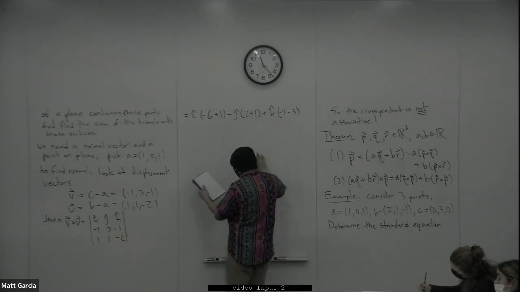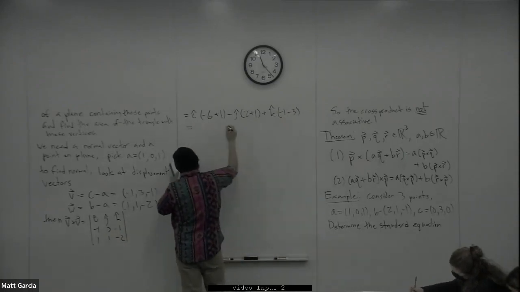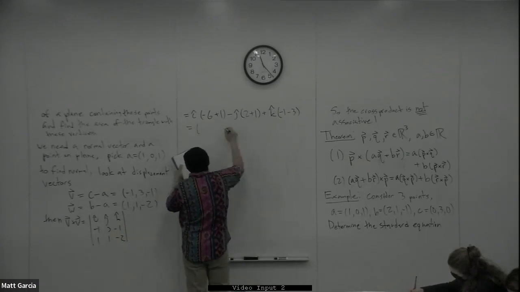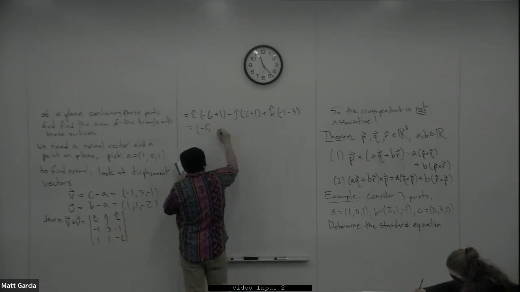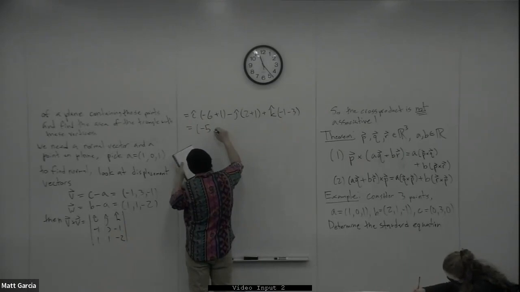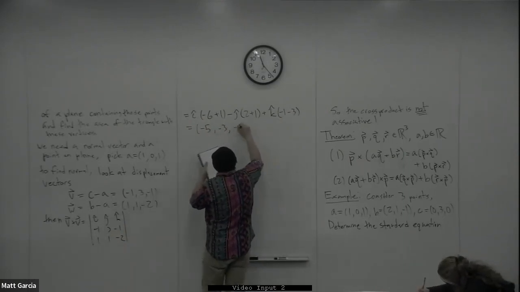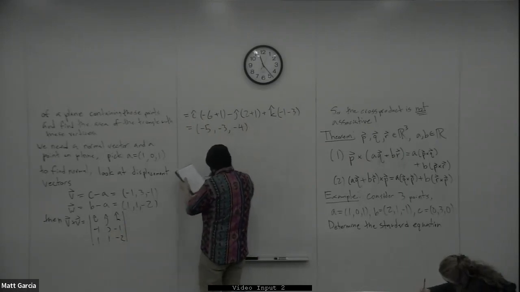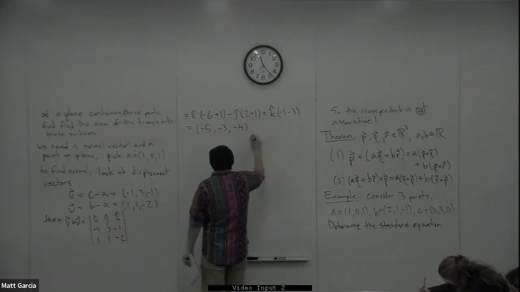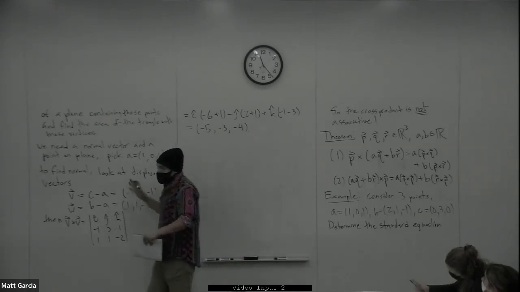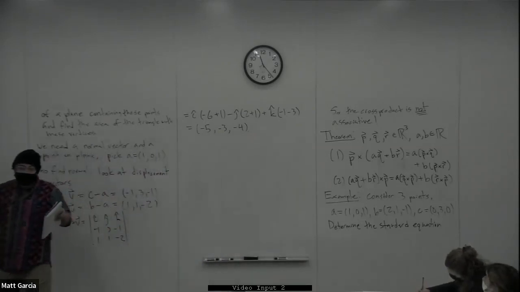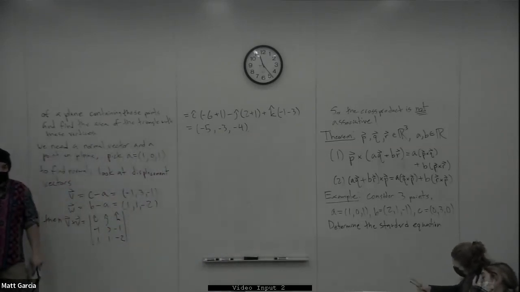Okay, so all together, what do we get here? We get -5, -3, -4. Okay. So now all we have to do is put our data into the standard equation, right?